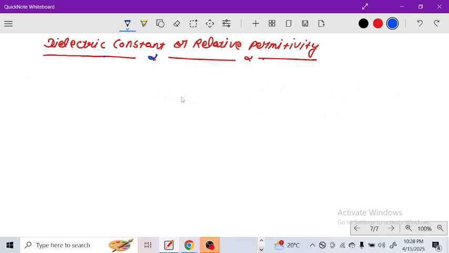You can also write absolute permittivity of medium to the absolute permittivity of free space. So it is the ratio of absolute permittivity of medium to the absolute permittivity of free space.